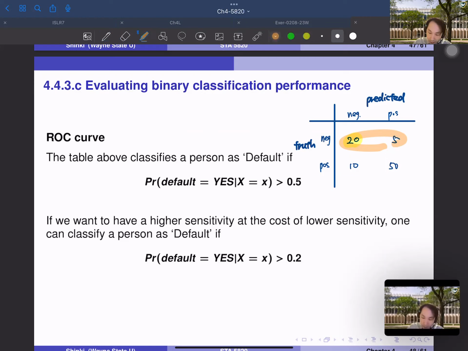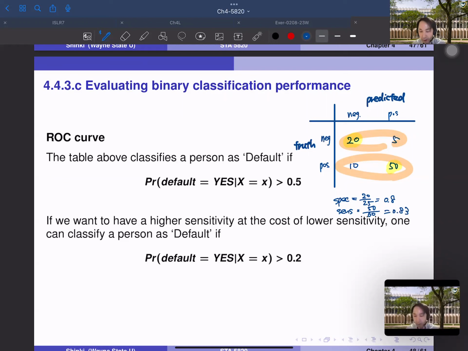So this is 50 over 60, so sensitivity is 83%. So specificity is equal to 20 over 25, so 80%, and sensitivity is equal to 50 over 60, so this is 83%. So that is what we did.